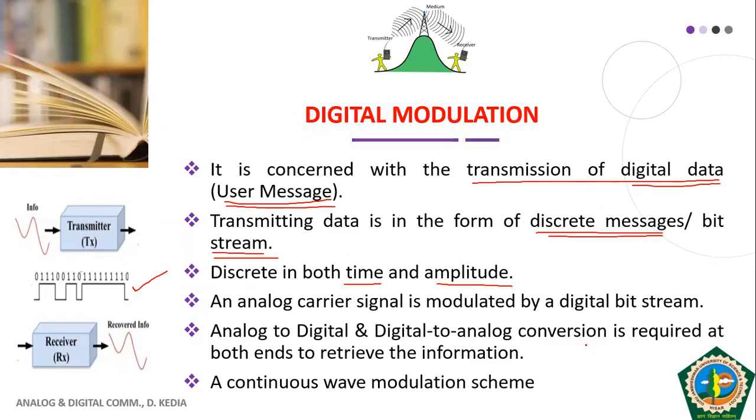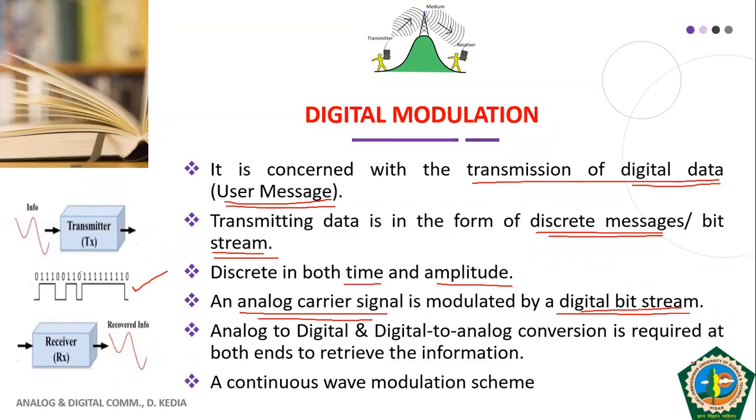So after we have this digital data, we will be using an analog carrier signal to carry that digital data. So in digital modulation, precisely, an analog carrier signal is modulated by a digital bit stream.